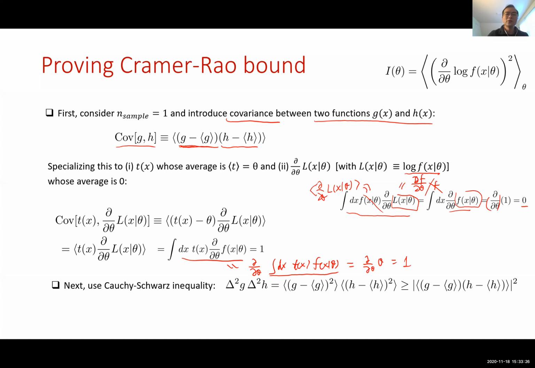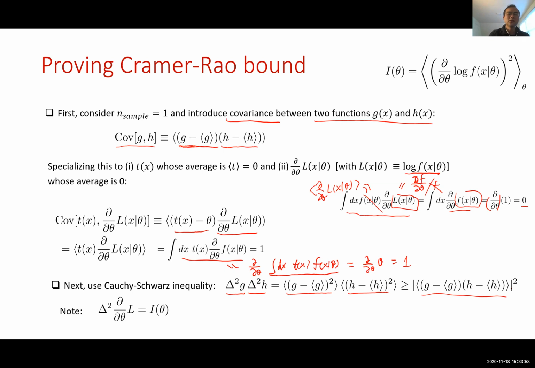And then next we're going to use, similar to what we derived in the Heisenberg uncertainty, the Cauchy-Schwarz inequality, namely that the product of the variance of G and the variance of H, by definition, will be greater than the covariance squared.